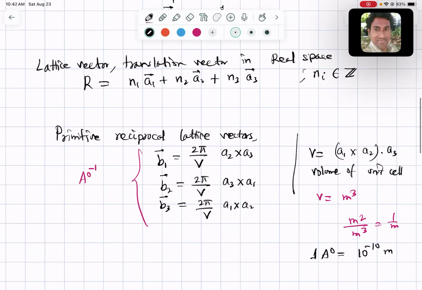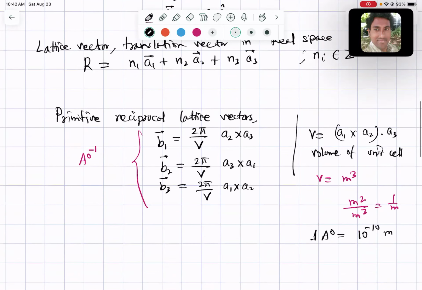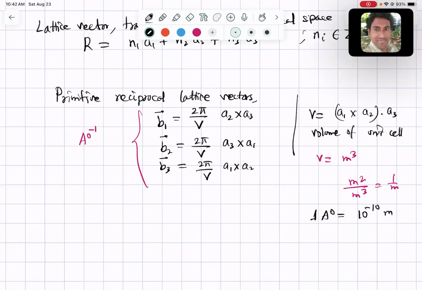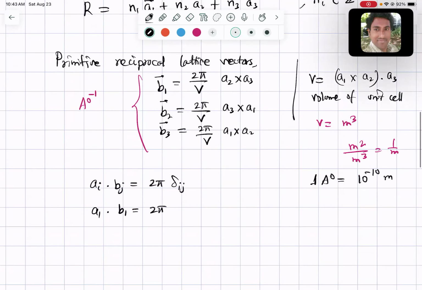From here, we have A and B, right? They have an orthogonality relation, which is Ai dot Bj equals 2 pi delta ij. Meaning, if you do A1 with B1, you get just 2 pi. We can prove it. So what is B1?